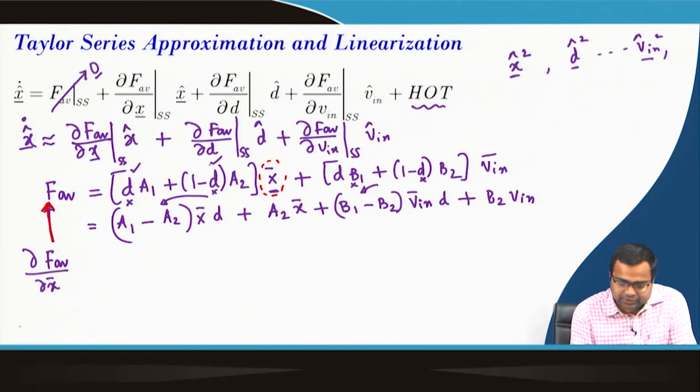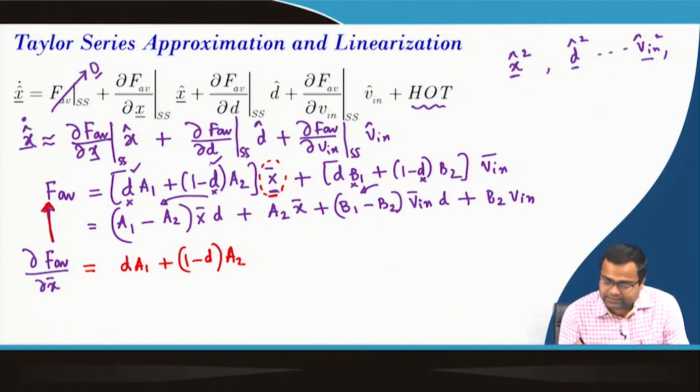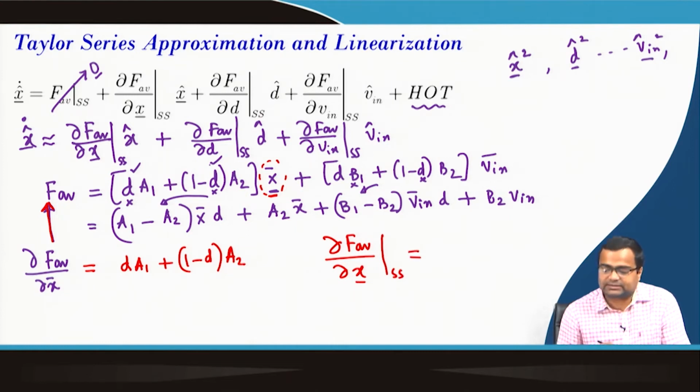We are partially differentiating, so it will end up with d into A1 plus 1 minus d into A2. That means, if we want to write dou f average by dou x at steady state, then we will simply replace this duty ratio by its steady state value.